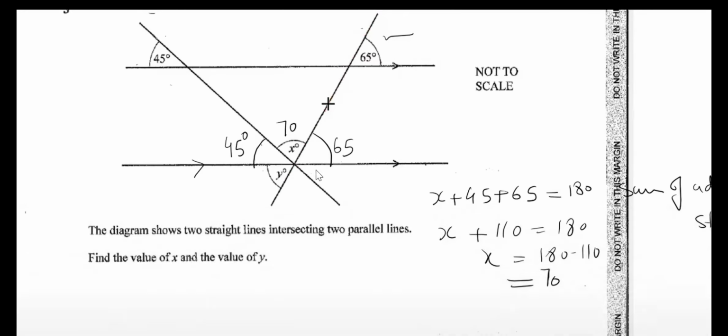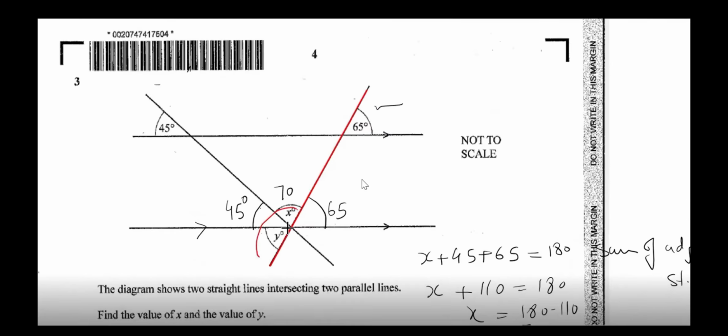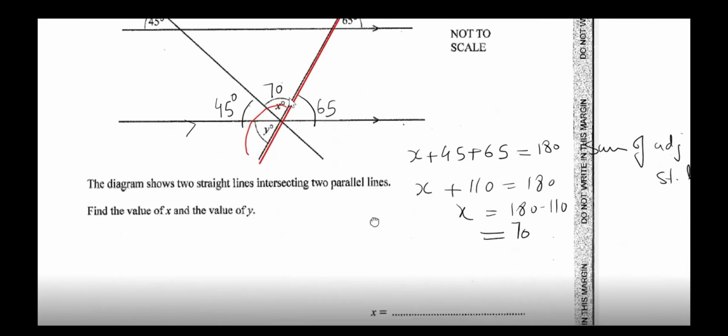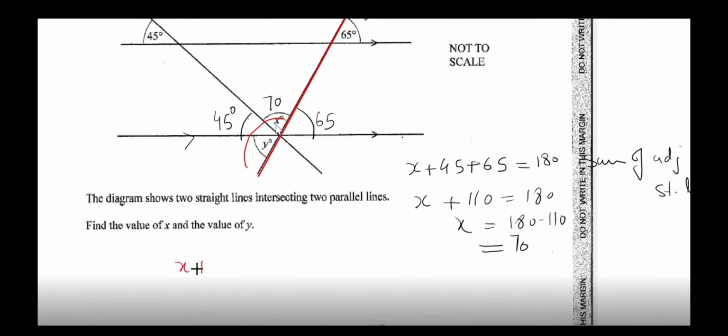To calculate this angle y, we will take this red straight line. Along this straight line, here are three adjacent angles: x, y, and 45. When we add all these angles, we get 180 because the sum of adjacent angles on a straight line equals 180. And we will substitute the value of x here, 70.